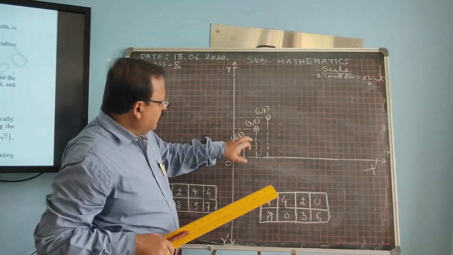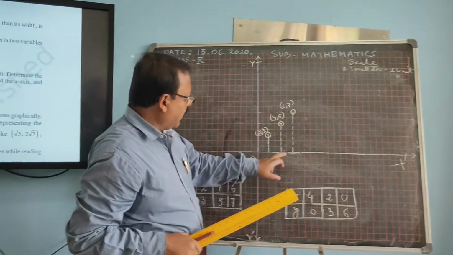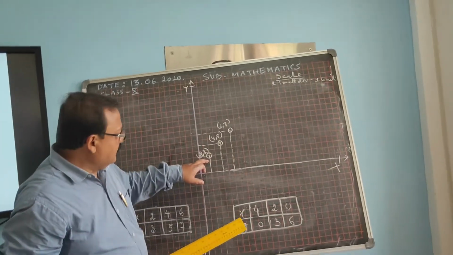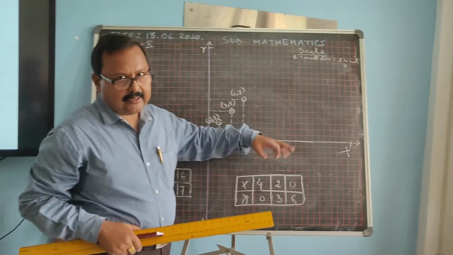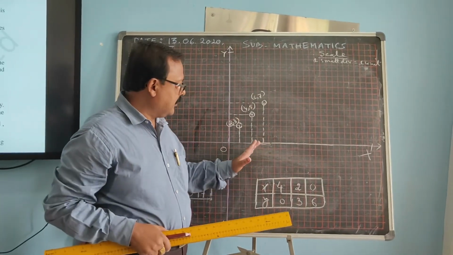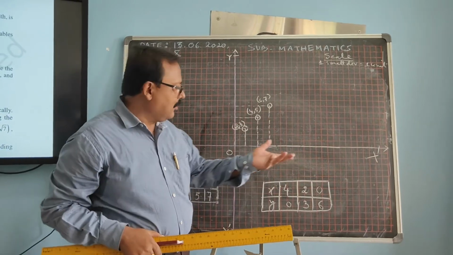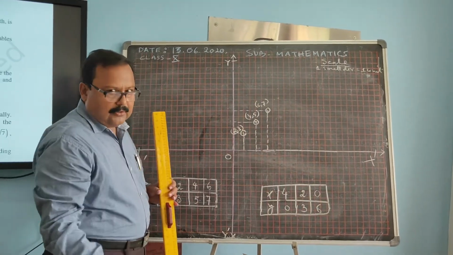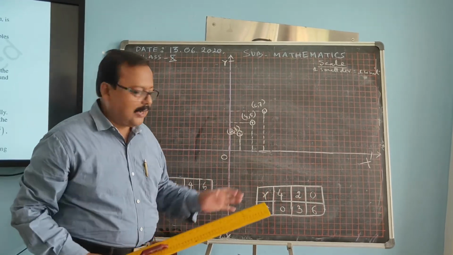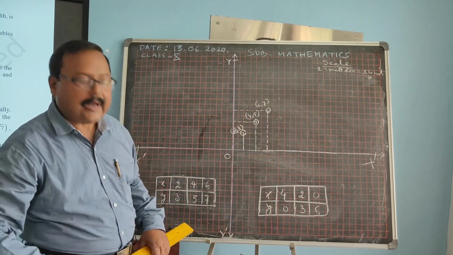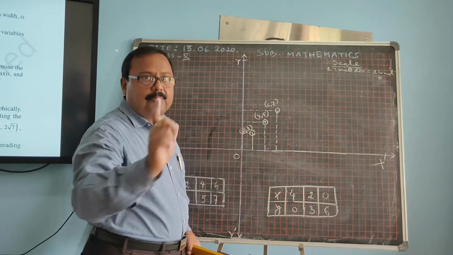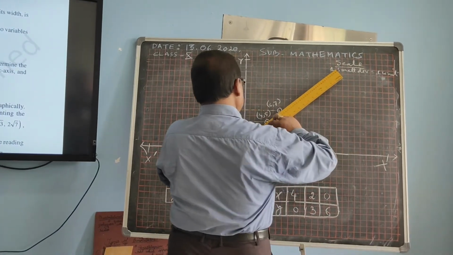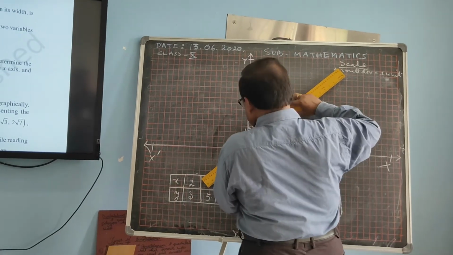Otherwise, suppose one value has a mistake, then this value will be here, so one point is correct, and your graph will show directly that you have made a mistake. In the exam hall, you think that it is correct, but when you come home, then you understand whether it is wrong or right. That is why at least 3 values are required, I am telling you. Okay. Now you join this.